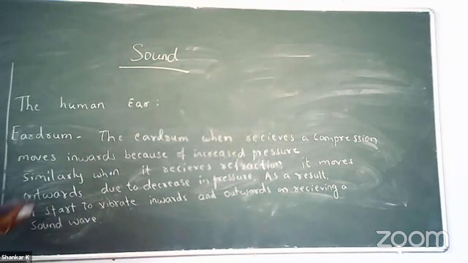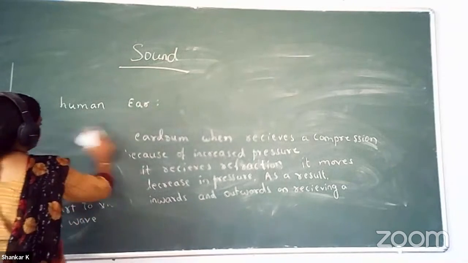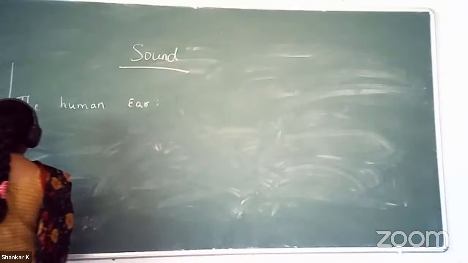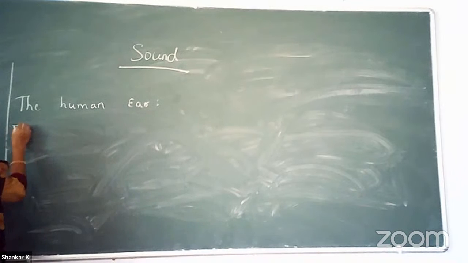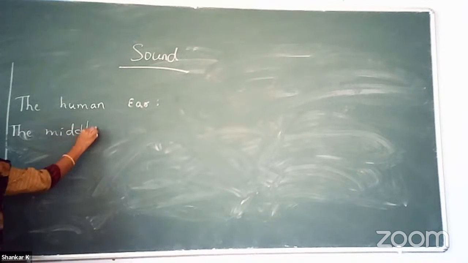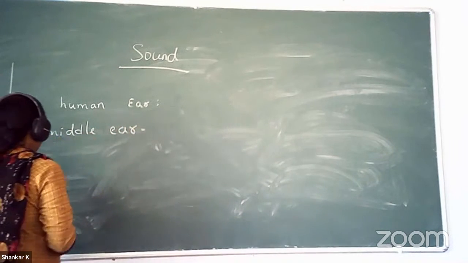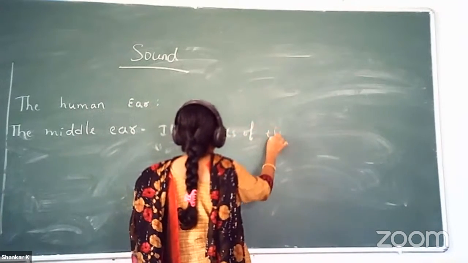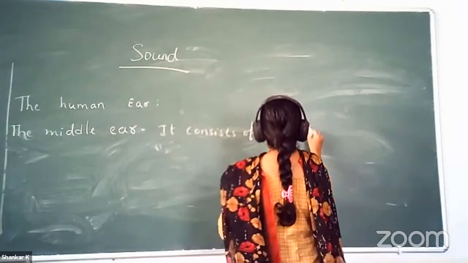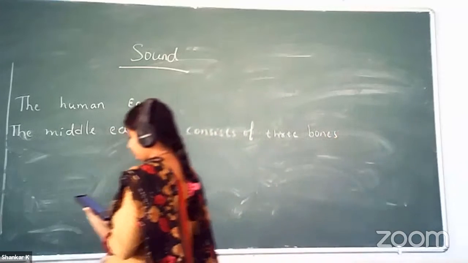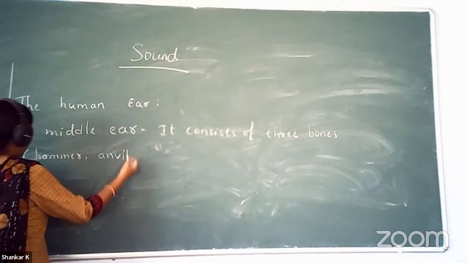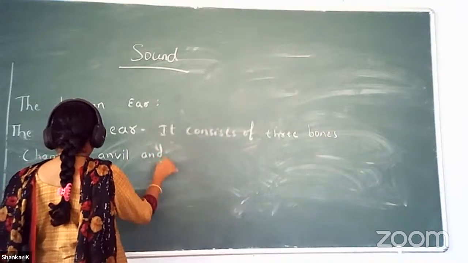Next is the middle ear. It consists of three bones: hammer, anvil, and stirrup.